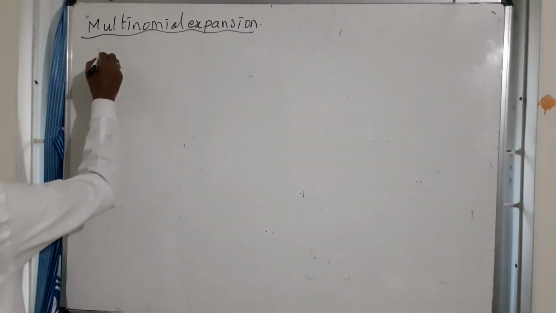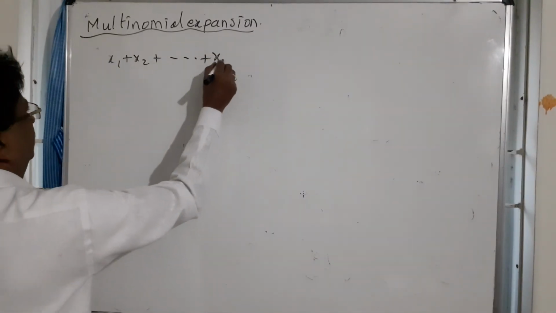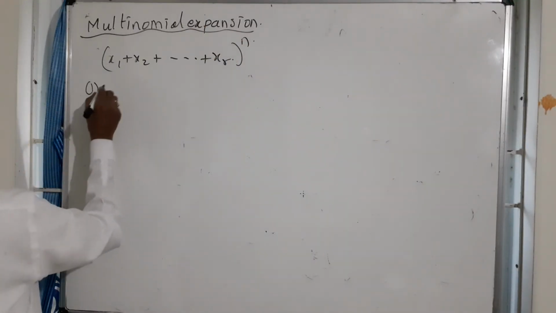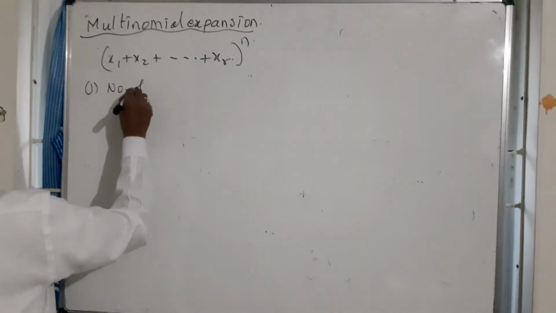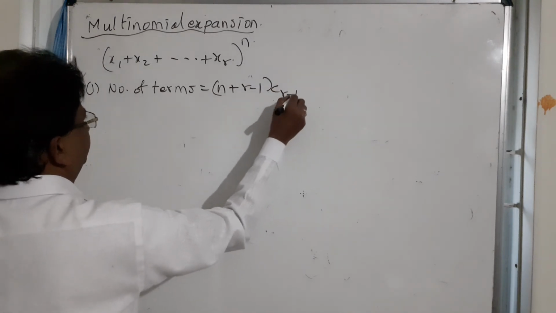In the expansion of (x1 plus x2 and so on plus xr) whole to the power of n, one is the number of terms: n plus r minus 1 C r minus 1.